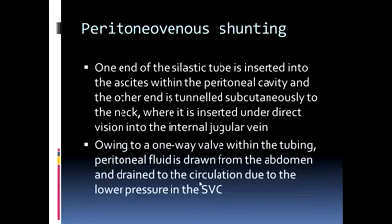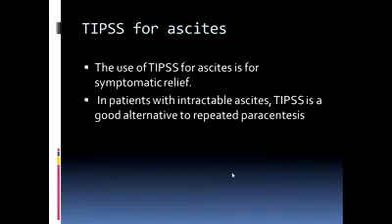In order to prevent the backward flow, this tube is provided with a valvular mechanism. So there is a valve within the tube, and that prevents the backward flow. Now another technique for the ascites is transjugular intrahepatic portosystemic shunts.